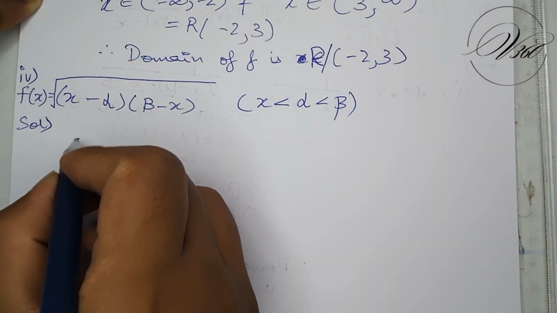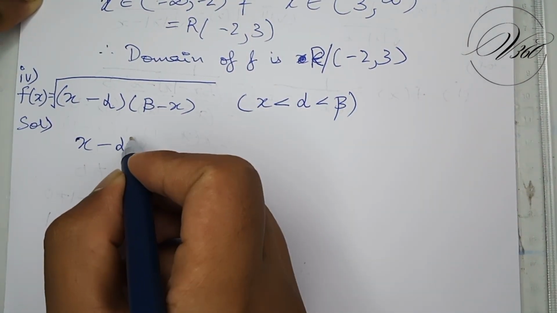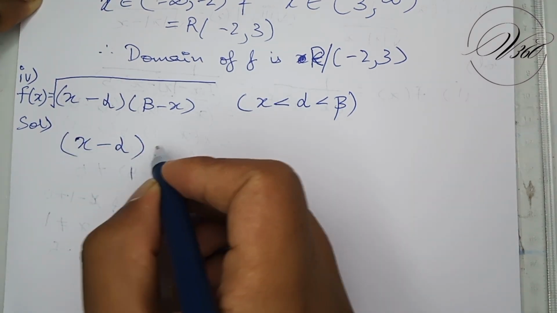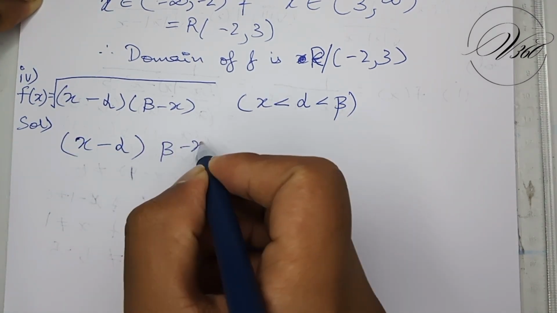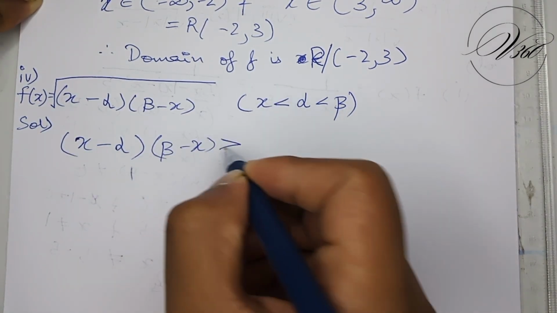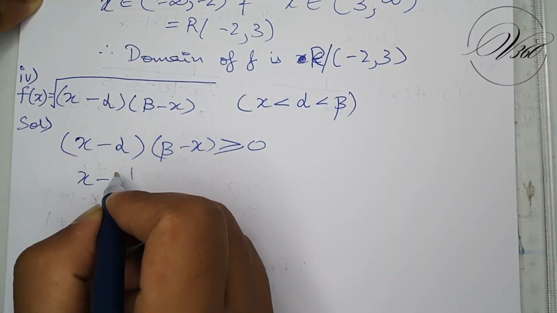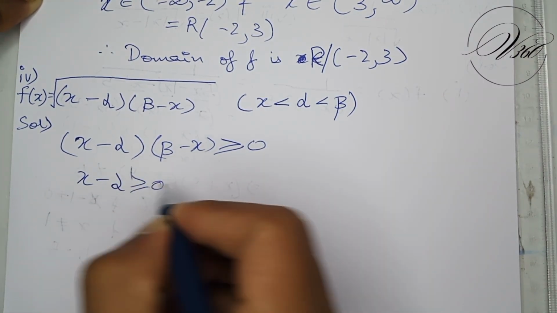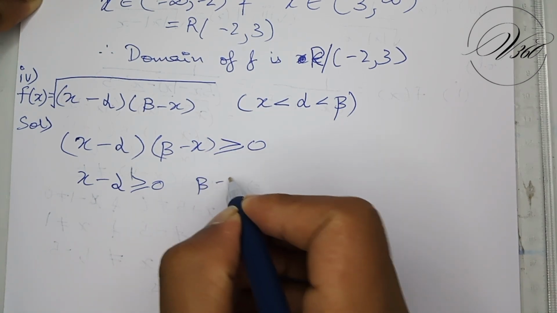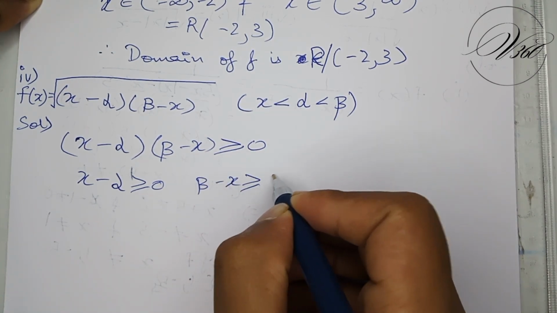Now we can take x minus alpha and beta minus x is greater than or equal to 0. Now x minus alpha is greater than 0 and beta minus x is greater than 0.